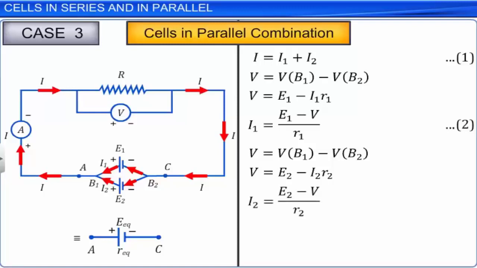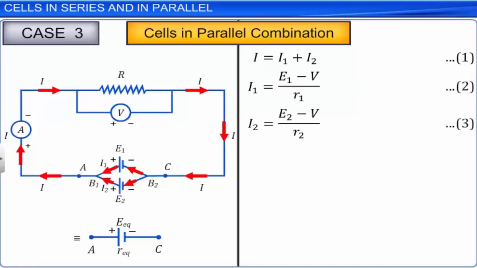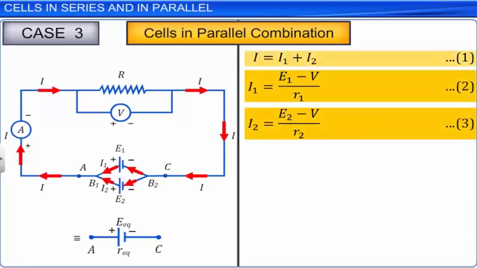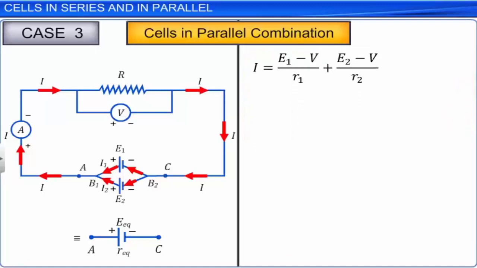Substituting equations 2 and 3 in equation 1, we get I is equal to E1 minus V divided by R1 plus E2 minus V divided by R2. On simplifying and rearranging the terms, we get I is equal to E1 by R1 plus E2 by R2 minus V into 1 by R1 plus 1 by R2.